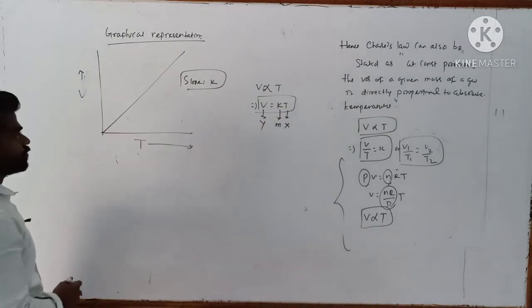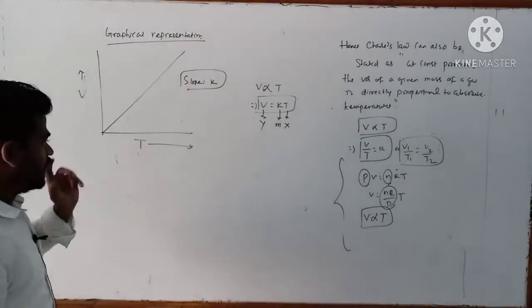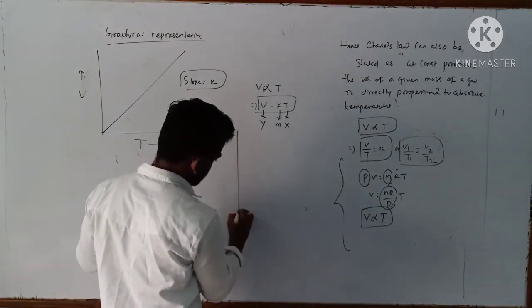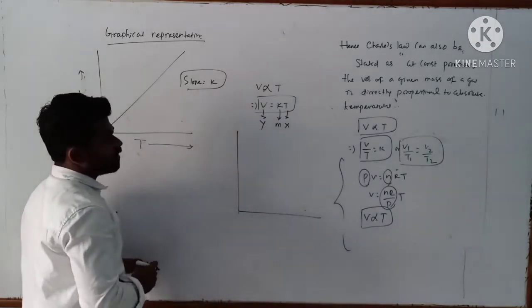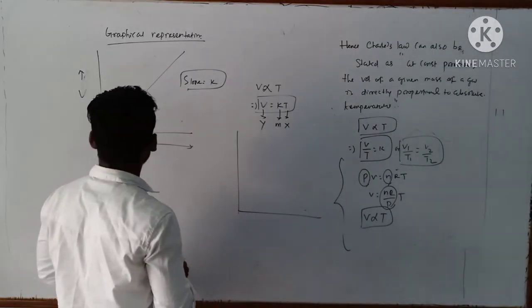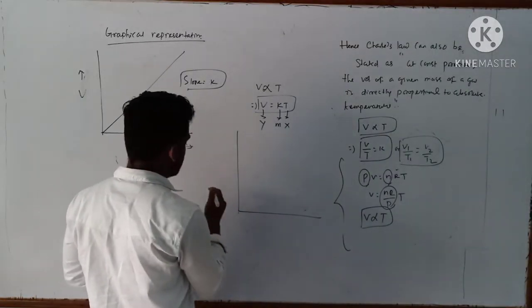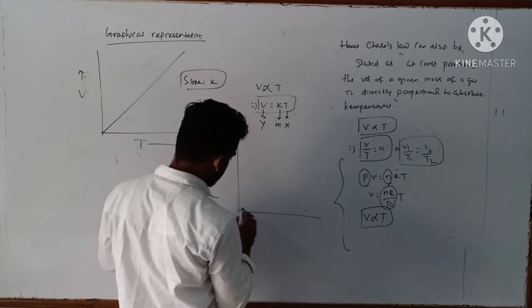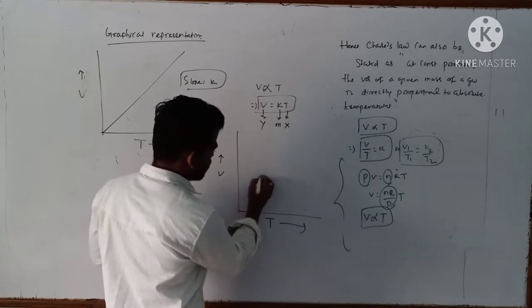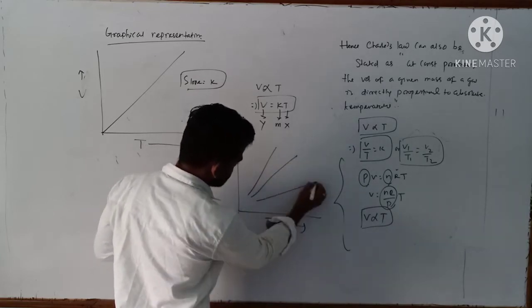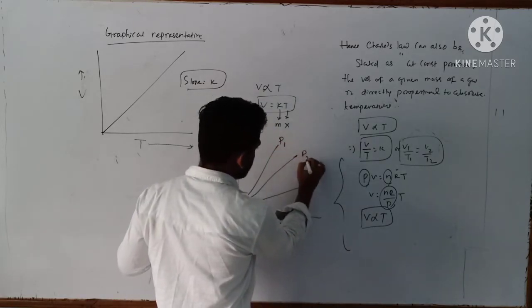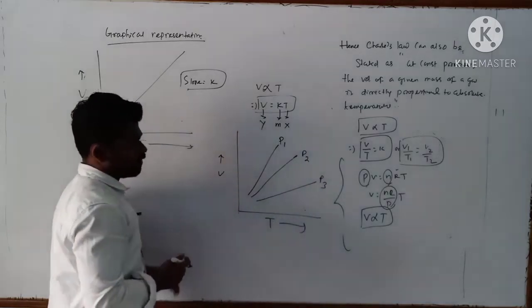Am I right? Let's say here I need to ask you a question. If I represent a graph like this, with volume and T, I am getting straight lines like this, at pressure P1, P2, P3.